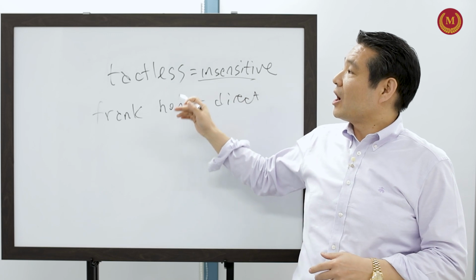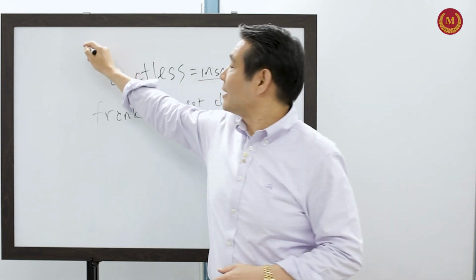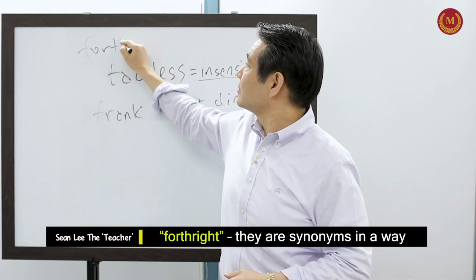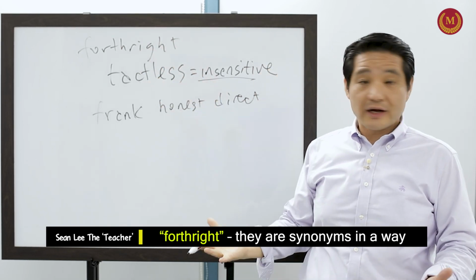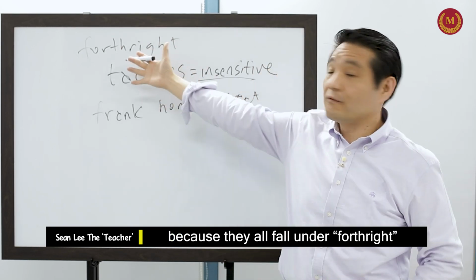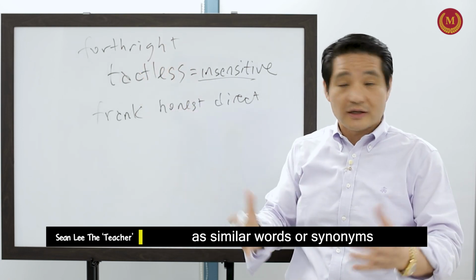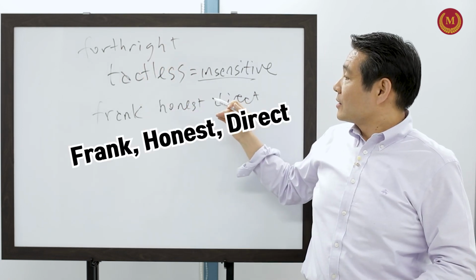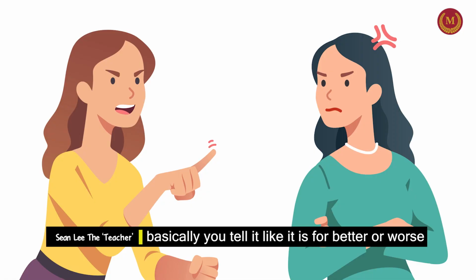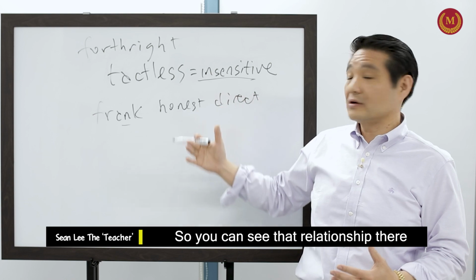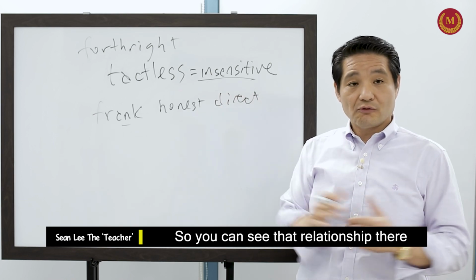But now, under forthright, they are synonyms in a way, right? Because they all fall under forthright as similar words or synonyms. See, when you're frank, when you're honest, when you're direct, basically you tell it like it is, for better or worse. And by you doing that, you might hurt other people's feelings. Then you're insensitive. So you can see that relationship there.